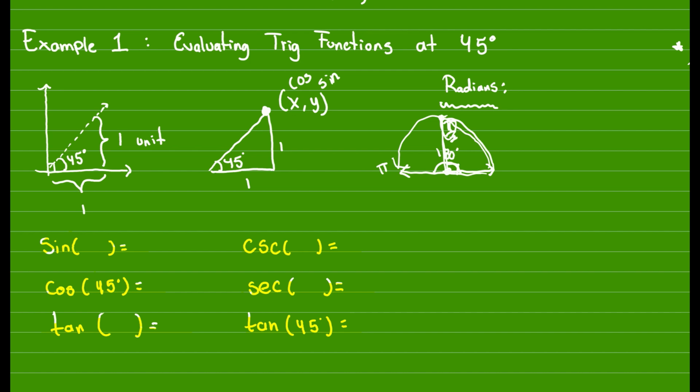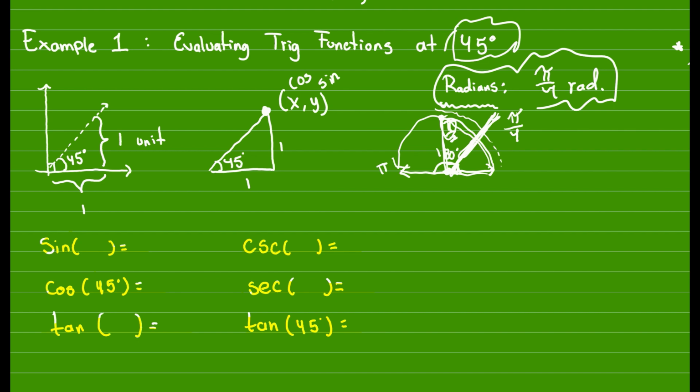So 90 degrees belongs to pi over 2. Remember, it's equivalent in radians. Now, if 90 degrees is pi over 2, what is 45 degrees? If this whole rotation is pi over 2 and we're only going to 45 degrees, it must mean that this is pi over 4. So 45 degrees in radians is equal to pi over 4 radians. Remember that it is key, 100% useful. You're going to need it.